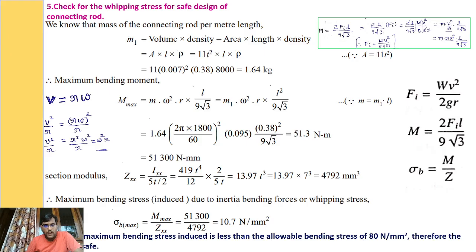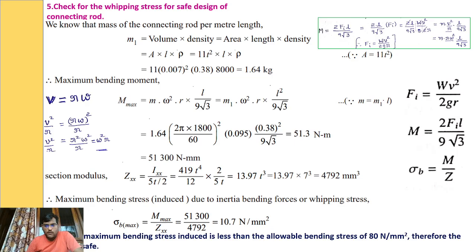So M1 omega square R L square by 9 root 3. This is the simplified formula. Now, in this, M1 value 1.64, omega is 2 pi N by 60 squared, N value 1800, and R value, the crank radius, 0.095, and again L 0.38, 9 root 3. This is the maximum value.